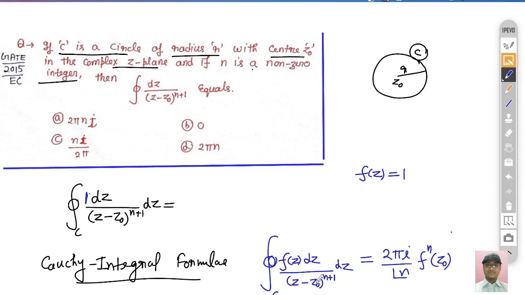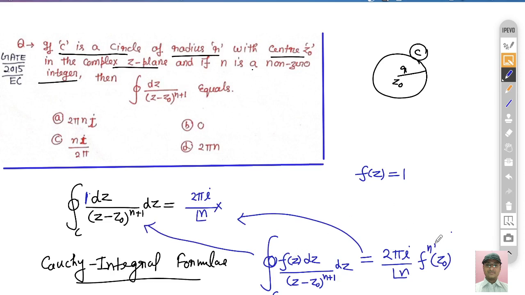Only the problem is with this f(z), so f(z) is 1. Now once you put in all these values, it is 2 pi iota, n is the same, here the n plus 1 power, so we can write factorial n. Only the difference between these two is the value of f(z).